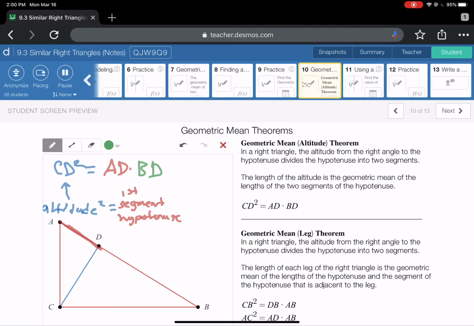And then BD, this section here, is going to represent our second segment of the hypotenuse. All right, so that is the geometric mean altitude theorem.